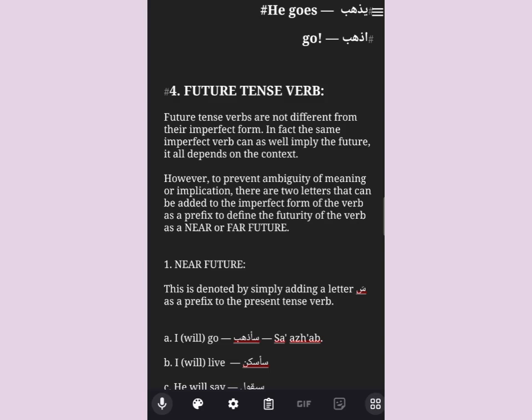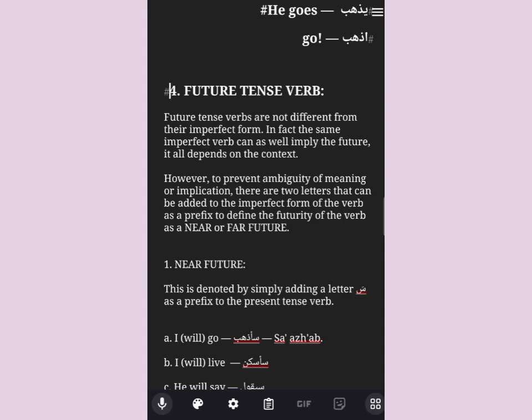However, we can create a distinction, and in case where we fear ambiguity, we can prevent ambiguity of meaning and avoid any form of confusion. What do we do to create a perfect future tense?